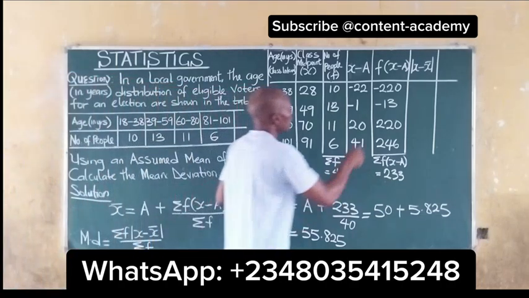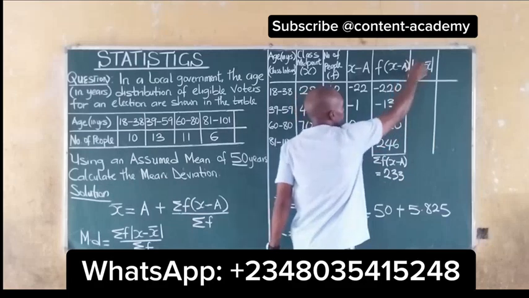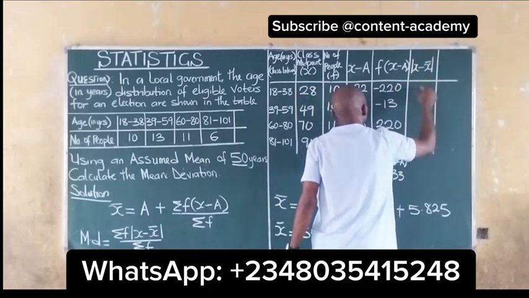Now, we have to calculate x minus x bar. Because of the modulus sign, everything will become positive.